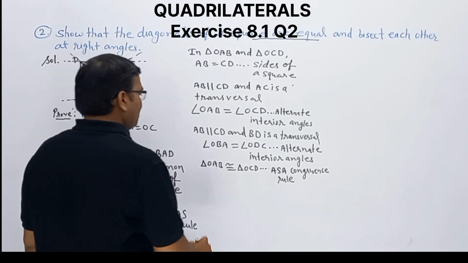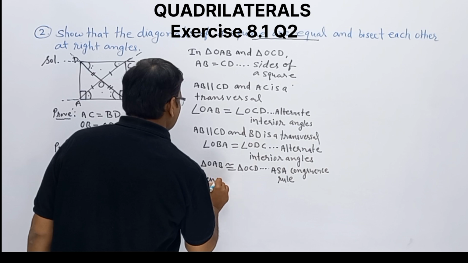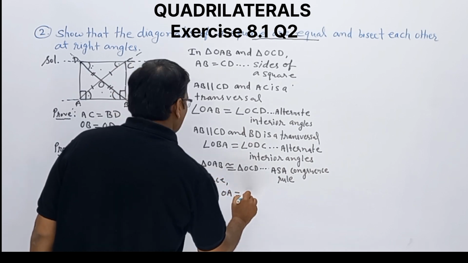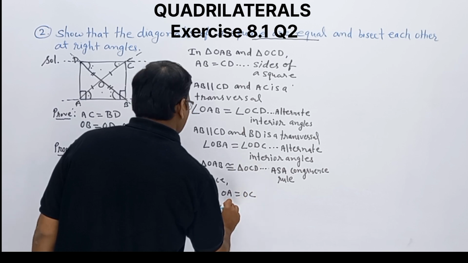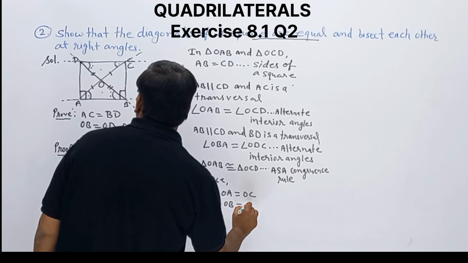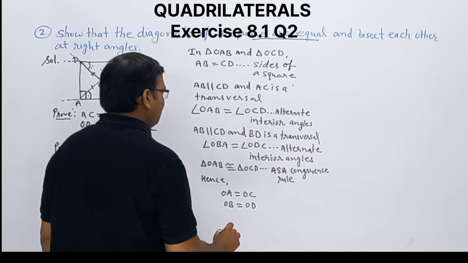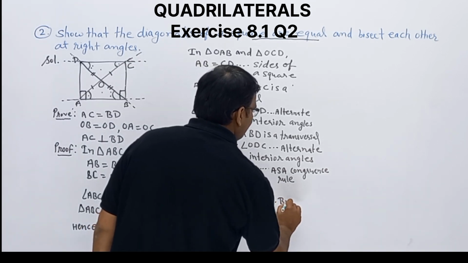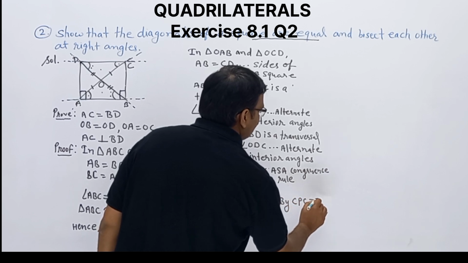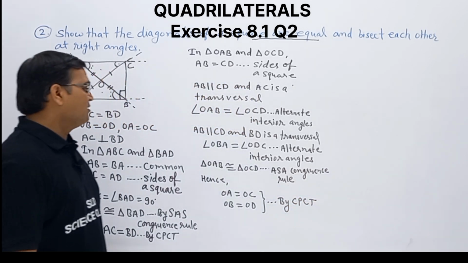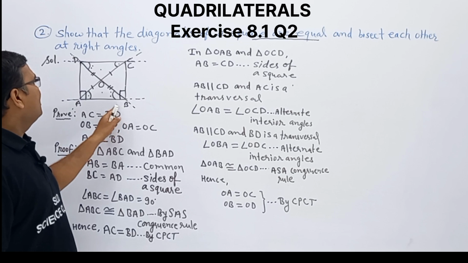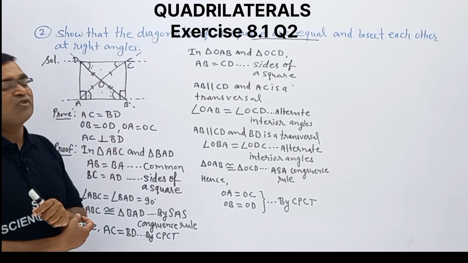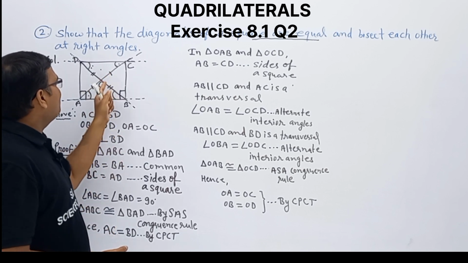So we proved, hence, OA equal to OC and OB equal to OD, and we are writing this by CPCT, corresponding parts of congruent triangles.